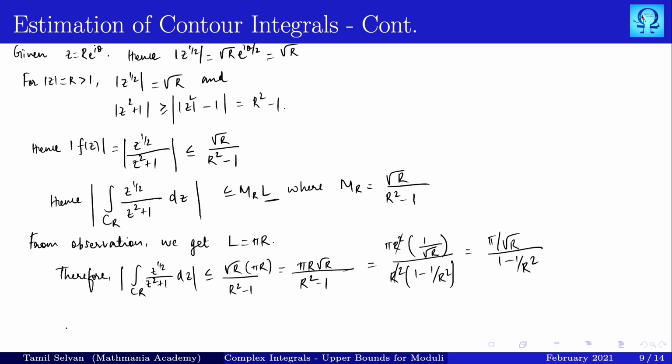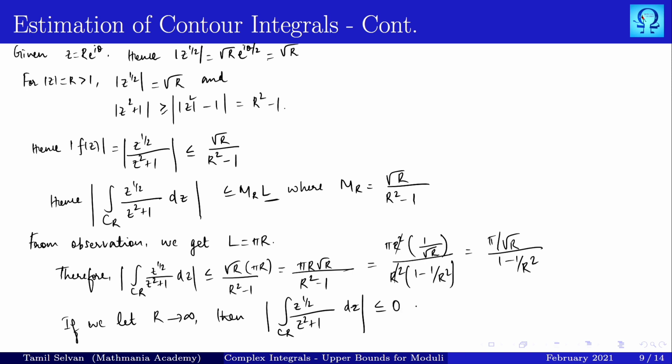Okay, if we let r approaches infinity, then the absolute value of the integral over CR of z to the power half upon z squared plus 1 dz is smaller than or equal to what? As r approaches infinity, your numerator part goes to 0 and the denominator part goes to 1.